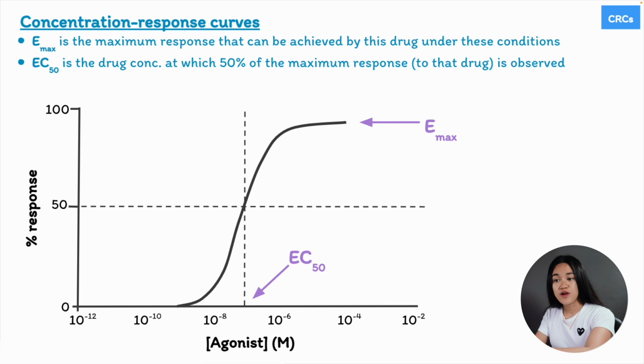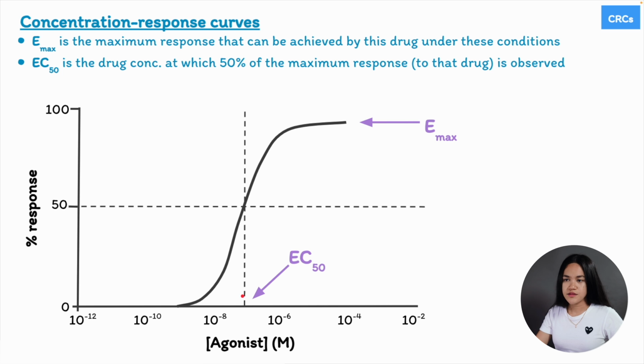In the graph, the maximum response is at 100%, and the line that intersects the curve at 50% of the maximum response determines the EC50. It indicates the concentration of the drug required to achieve 50% of the maximum response. In this case, the EC50 is right here, approximately 10 to the power of -7 molar.